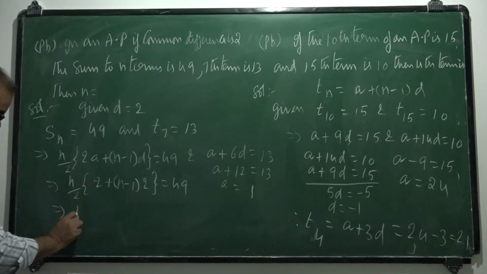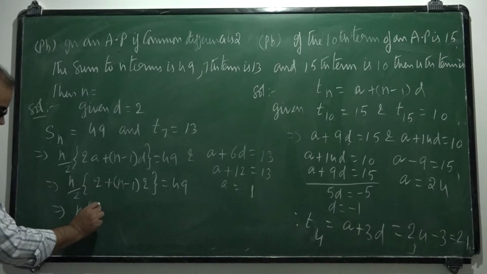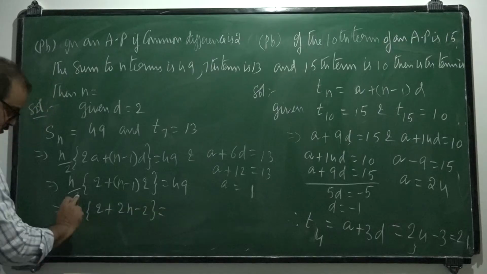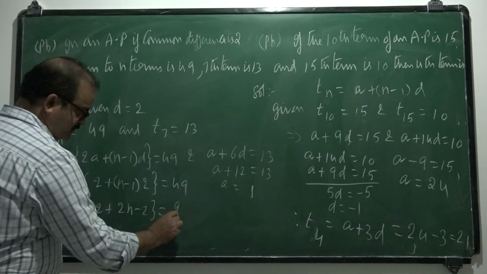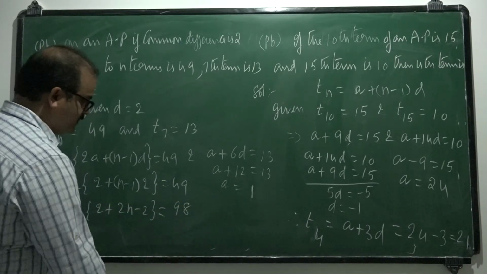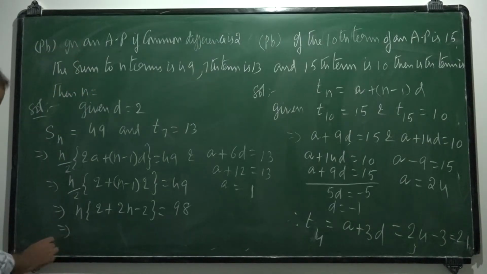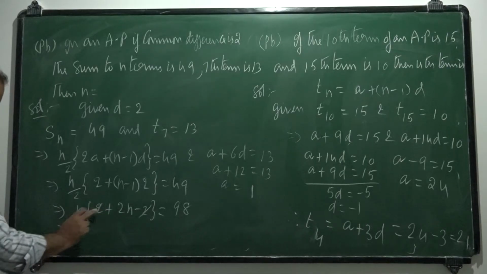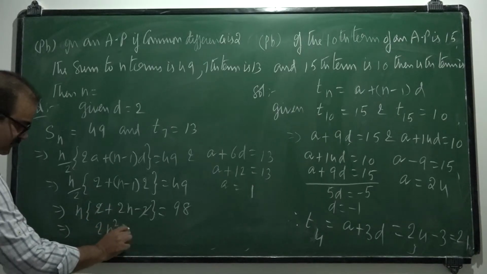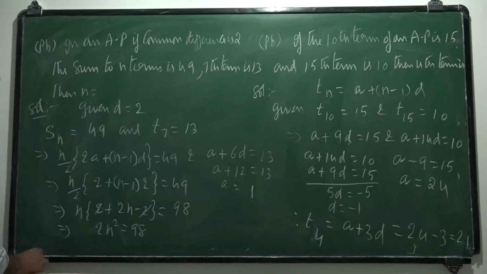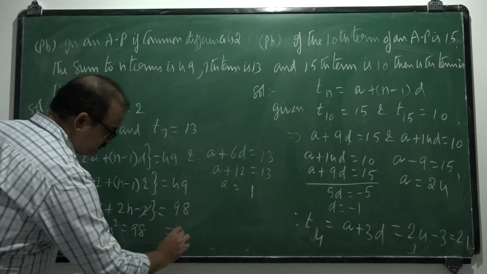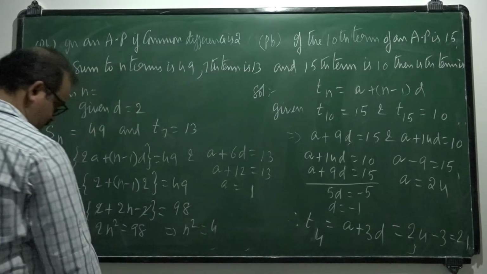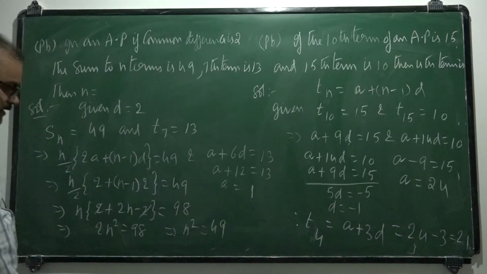On cross multiplying, n into 2 plus 2n minus 2 is equal to 2 into 49, 98. 2 gets cancelled. n into 2n, 2n square is equal to 98. n square is equal to 98 by 2, 49.